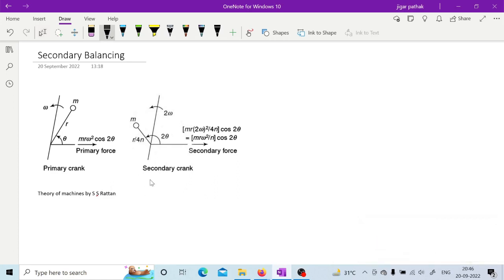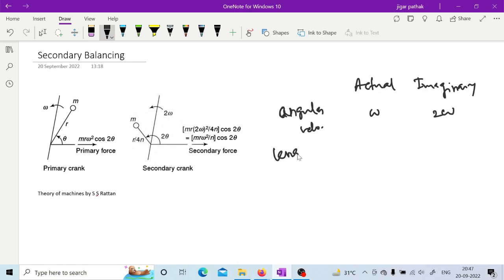In order to balance that, you assume an actual and an imaginary crank. The angular velocity of the actual crank will be omega, and for the imaginary it will be 2 omega.